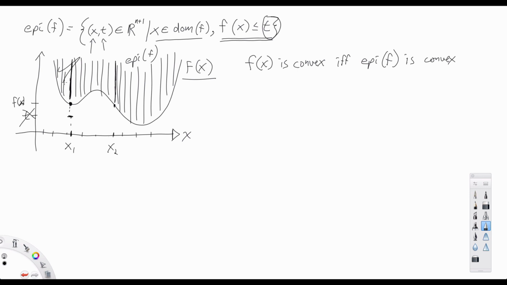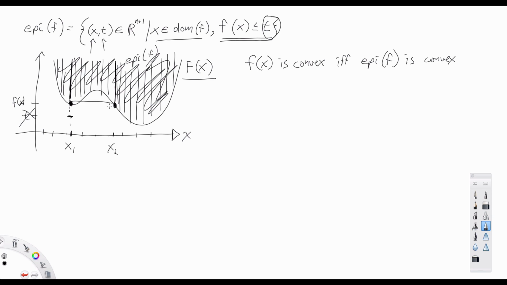So now let's think about the epigraph here, all these points here, and think about whether that set is a convex set. We have a lot of points that are much larger than what we're visualizing here in this plot, but very quickly we can see that the epigraph of f of x is not a convex set. For example, these points, f of x1 and f of x2, are both in the epigraph of f. And if I were to draw a line between those 2 points, that line goes outside of the epigraph.